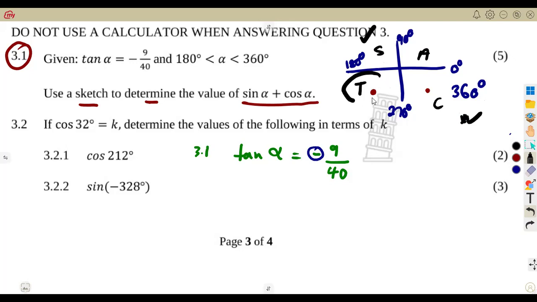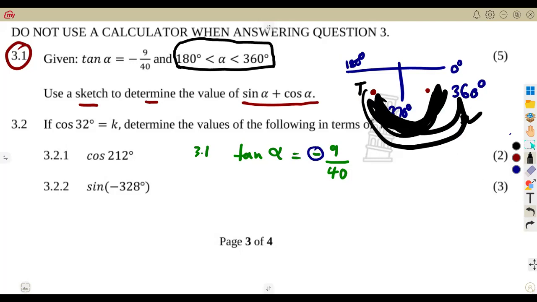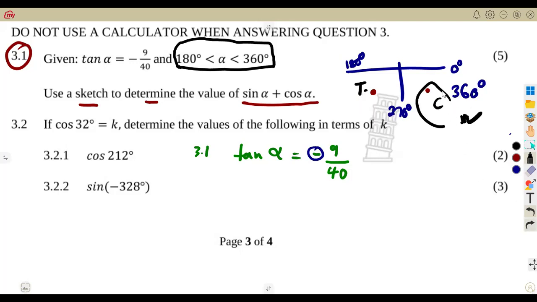Tan is positive in the other two. We cannot talk about the first and second quadrants because they are already excluded, since alpha must be greater than 180. So we're talking about the third and fourth quadrants. Which one are we going to take? The one where tan is negative. So it's going to be in the fourth quadrant.